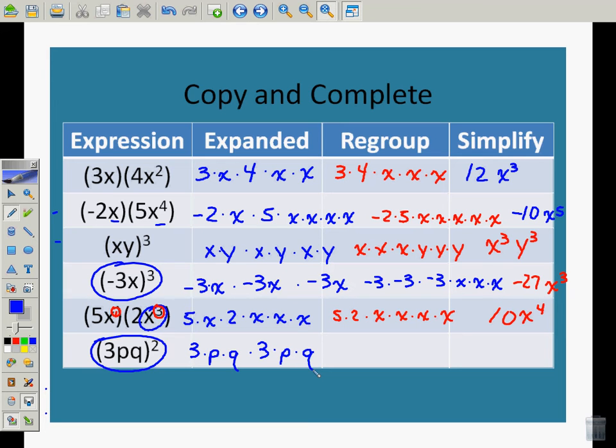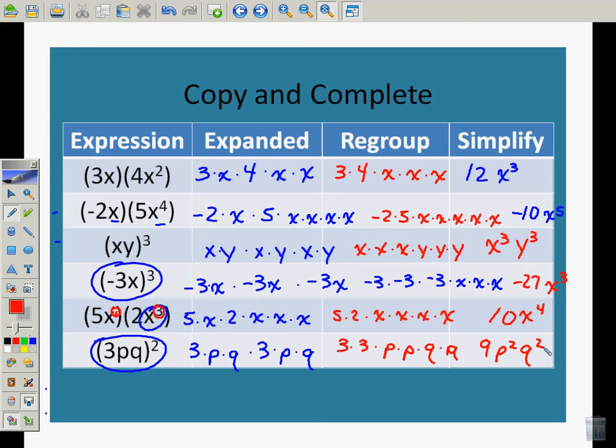This exponent tells us, take the whole thing and multiply it by itself, as opposed to when it's just by the x and it's saying just take the x and multiply it by itself. Okay, so we've got this. When we reorganize, we've got something in red here, 3 times 3 times p times p times q times q, and that gives us 9p squared q squared.